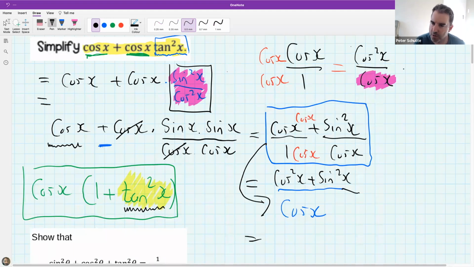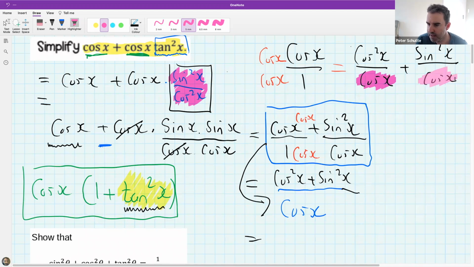So we had the other term, and it was sine squared x over cos x. The reason it's super helpful is that now both of the denominators are cos x. So that's how I got this cos x over here. But then look what's on top. On top is cos squared x, and over here is sine squared x.